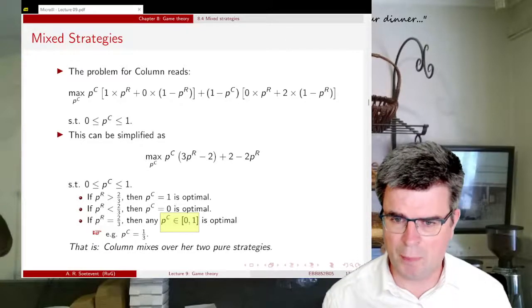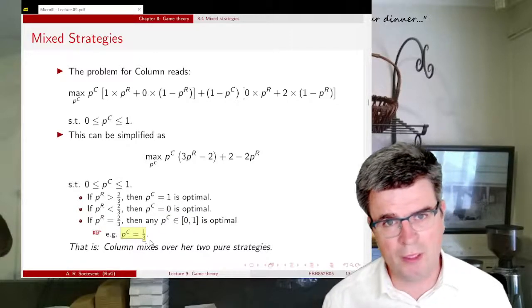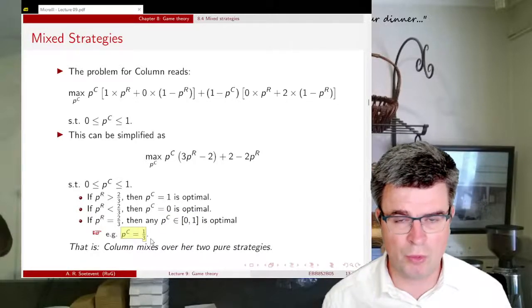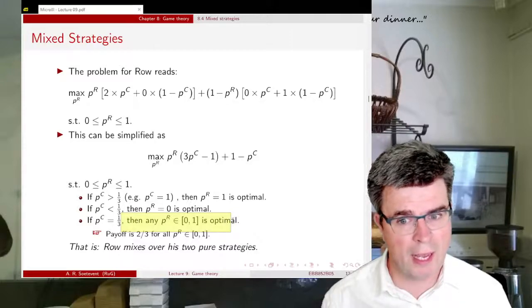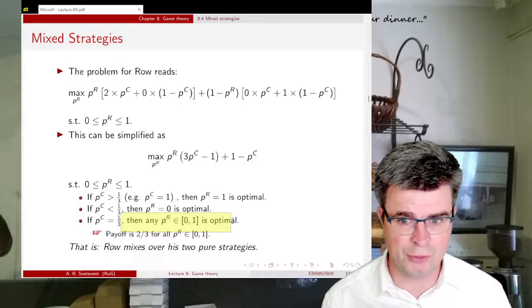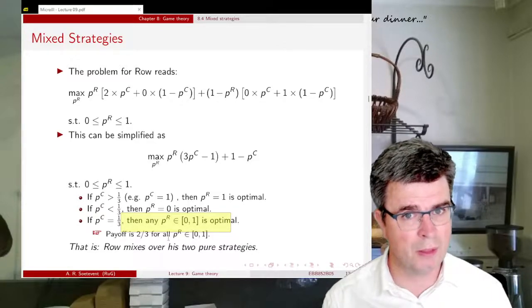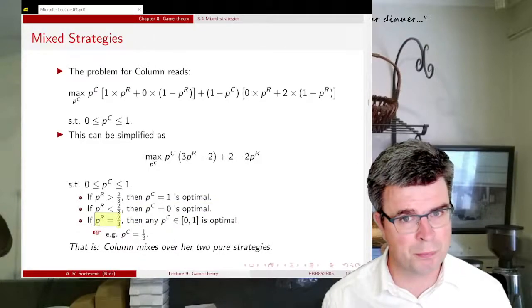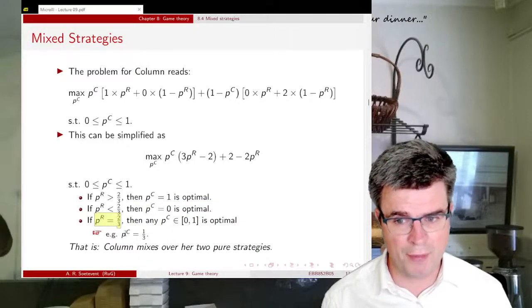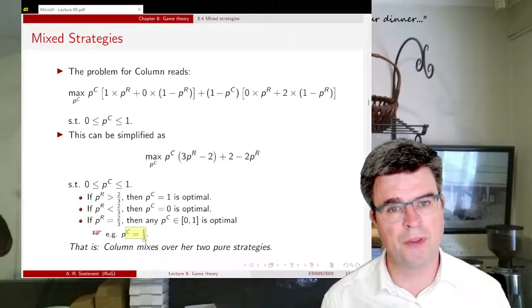Well, and then we go back. Given that the column player mixes between Italy and Sweden with probability 1/3 for Italy, then for the row player, any value of PR is optimal. So for example, he could choose a PR equal to 2/3, because if he chooses PR equal to 2/3, then PC is 1/3 is also an optimal choice for the column player.